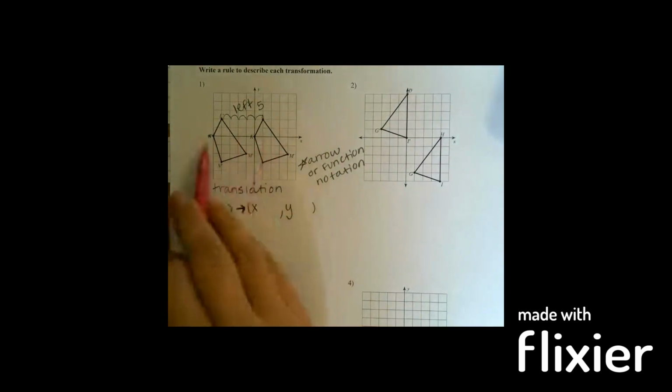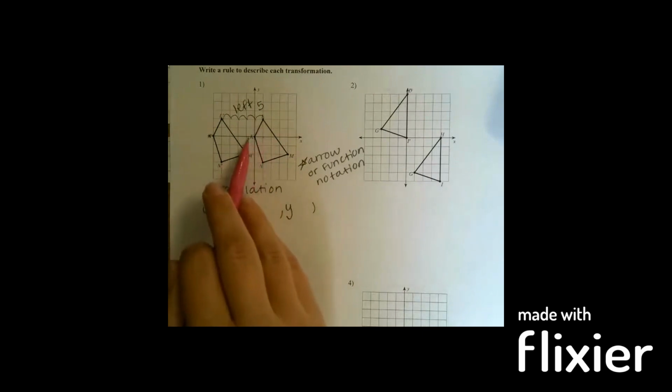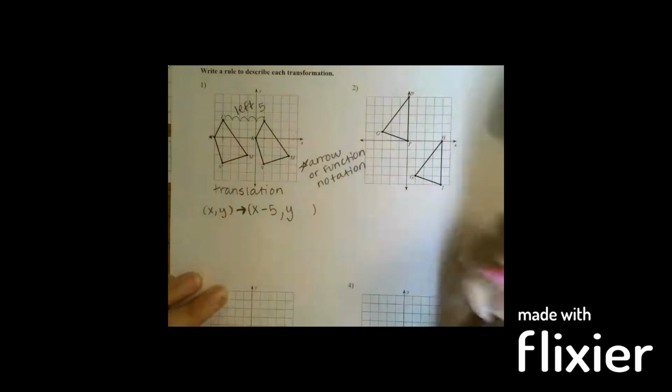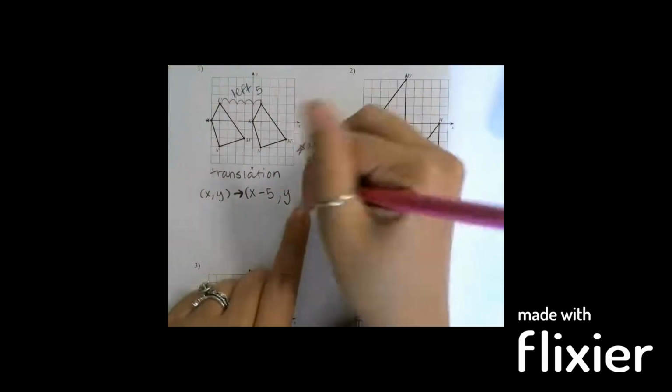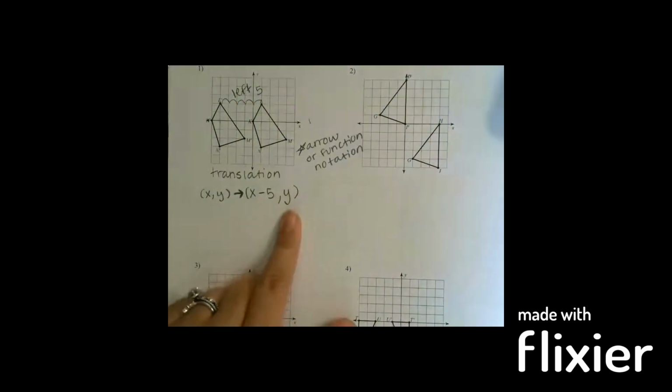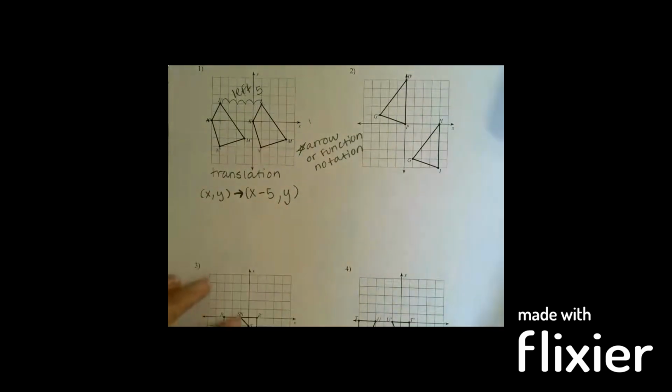If I start at a 1, that's my x value here, and go to a -4, I would have had to subtract. So I'm going to subtract 5. That's x minus 5. Y value, I didn't move up and down, so nothing's going to happen to my y value. So we just write comma y. Alright, this is arrow notation, just like you saw, but now we're working backwards.